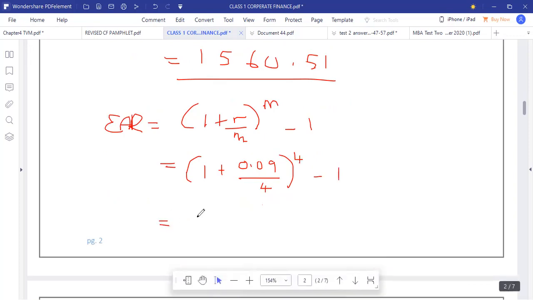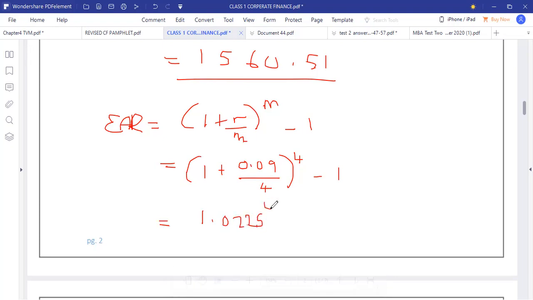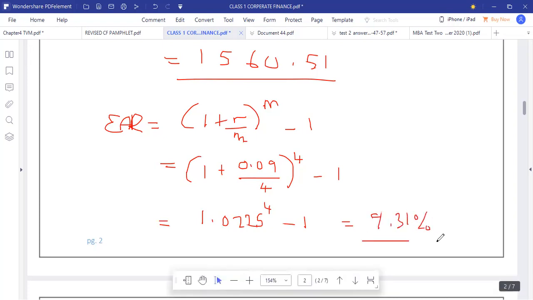So here we're going to have 1.0225 to the power 4 minus 1, to give you 9.31%. So effective annual rate carries 3 marks. The answer you get, you multiply by 100, it's an interest rate.